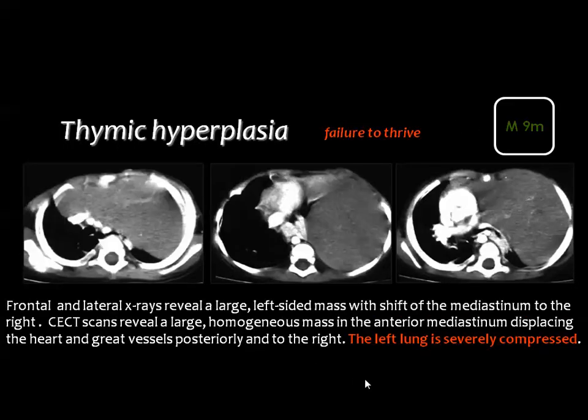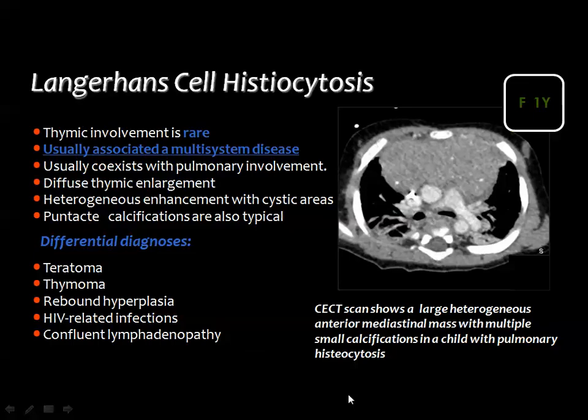The CT scan showed a huge mass occupying the left hemithorax, compressing the left lung, and crossing the mediastinal border to the opposite side, and this was proved to be thymic hyperplasia.